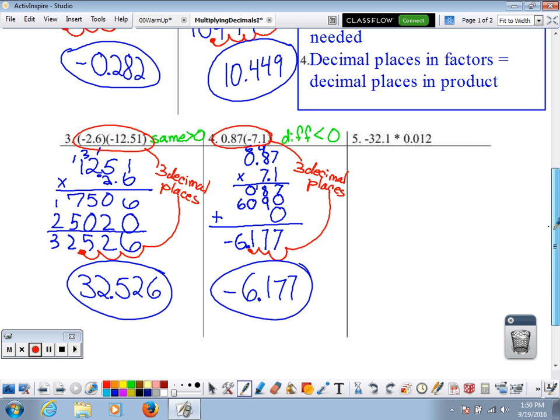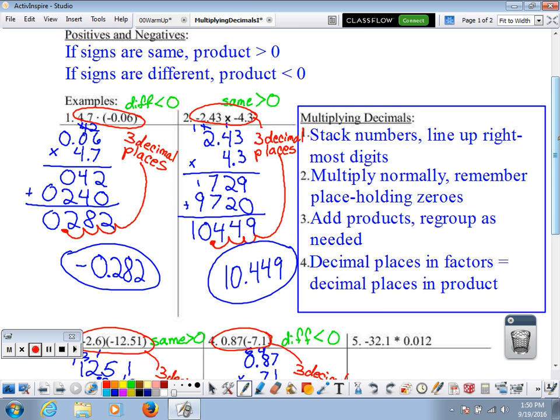We stack the numbers, and we line up the rightmost digit. It doesn't have to be place values lined up. It's whatever digit is farthest to the right. Typically, we put more digits up top and fewer digits on the bottom, but you can do it in whichever order you want.